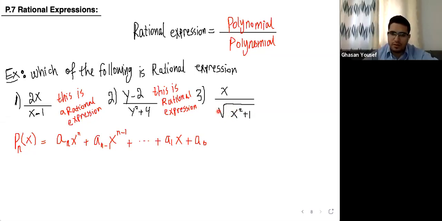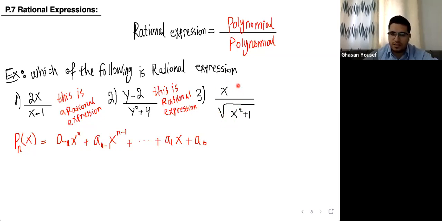Why? Because we have here the square root, and a polynomial does not have a square root. Look, this is the formula of a polynomial, but here we have the square root of x squared plus 1. So this is not a polynomial in the denominator.